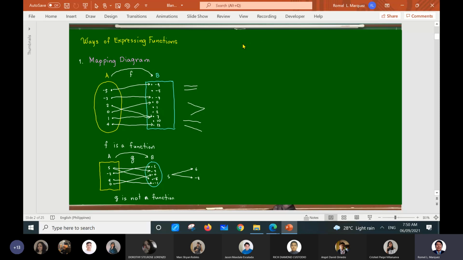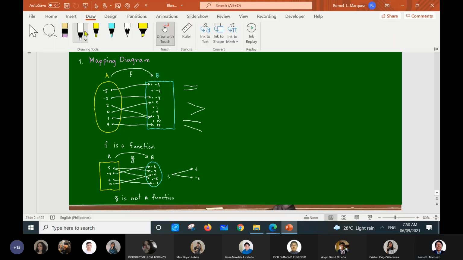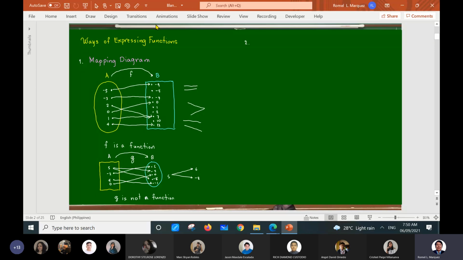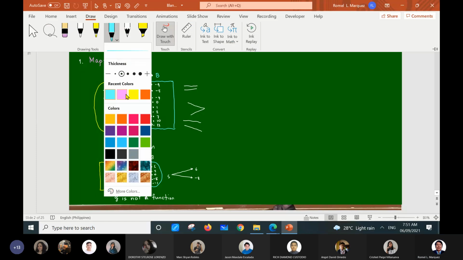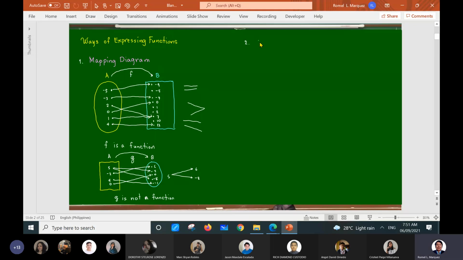You can also express functions as a set of real numbers.